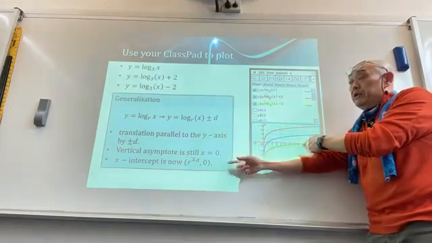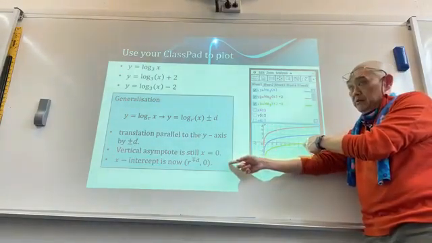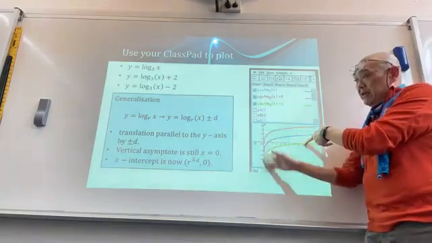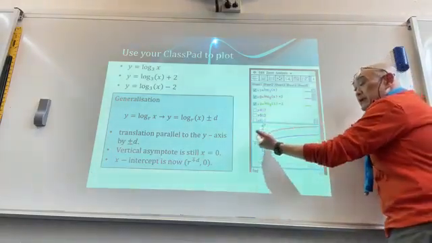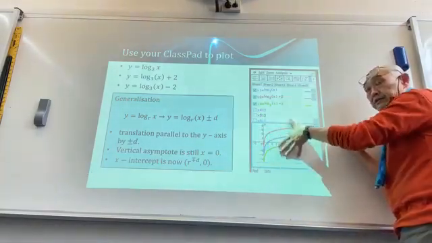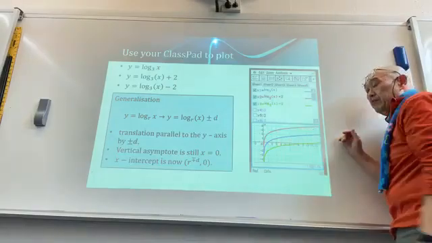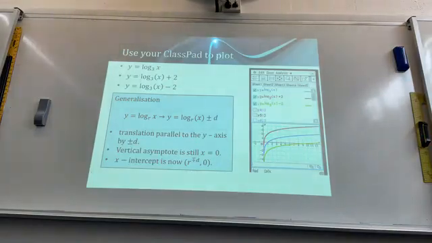So you need to know how to work out the x-intercept in this case. You know the vertical asymptote is still the same, and there's no change in domain. The domain is still greater than 0, and the range is still real numbers. So make sure that you know how to identify the range and domain.